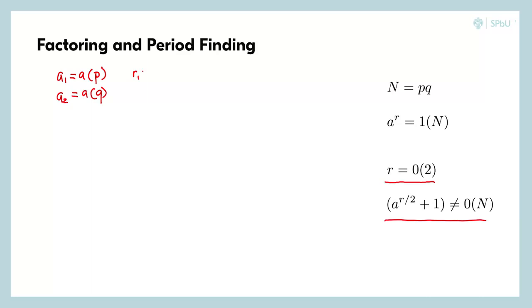R1 would be the smallest number such that A1 to the power R1 equals 1 modulo p, and R2 is the smallest natural number such that A2 to the power R2 equals 1 modulo q.